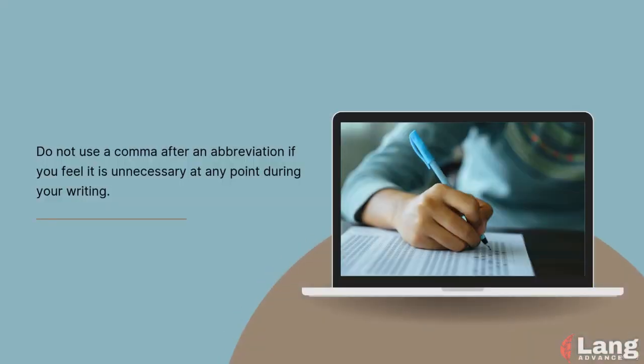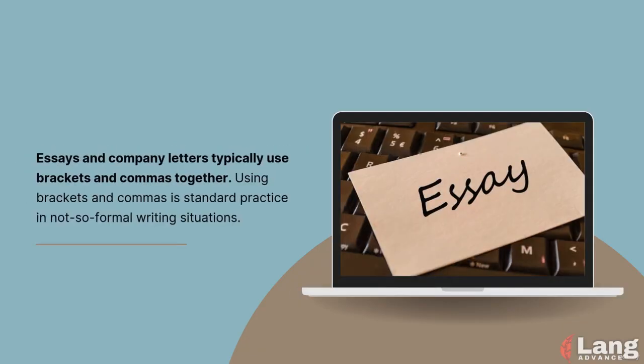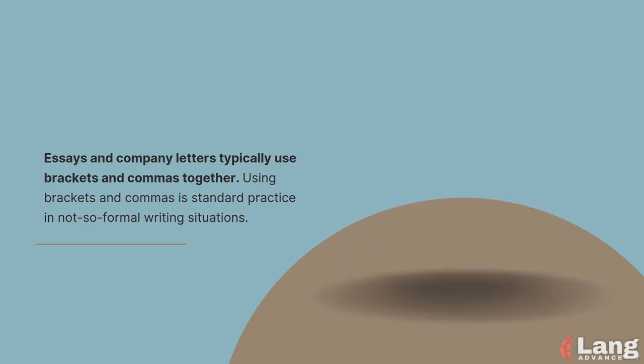Do not use a comma after an abbreviation if you feel it is unnecessary at any point during your writing. Essays and company letters typically use brackets and commas together. Using brackets and commas is standard practice in not-so-formal writing situations.